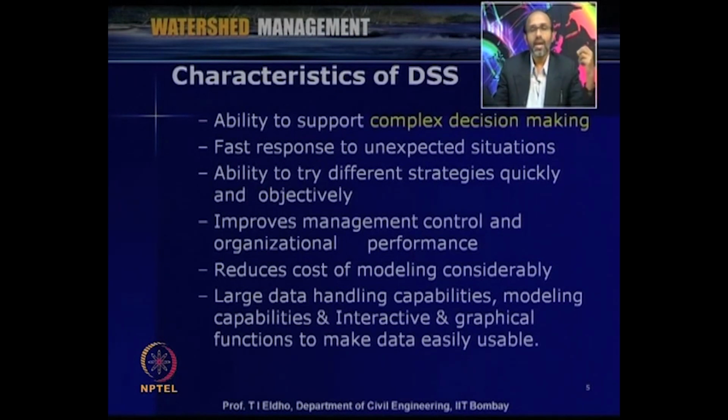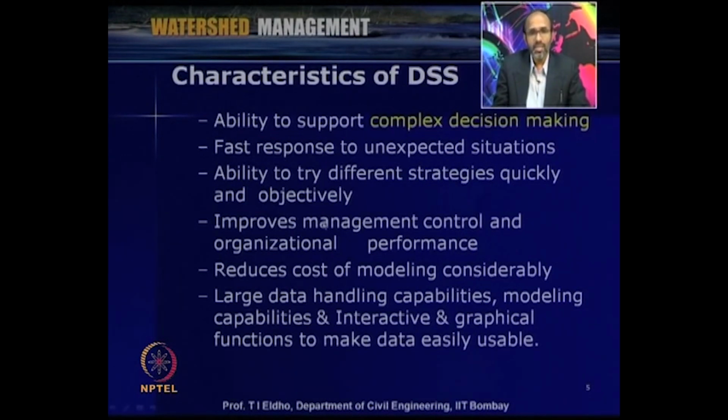So, the decision support system should be very fast in any kind of unexpected situation, so that the decision maker can make the decision easily. Other characteristics include the ability to try different strategies quickly and objectively, according to the set objectives.